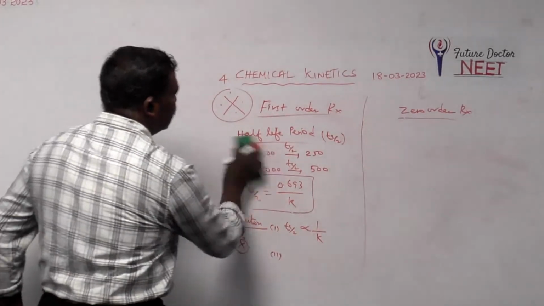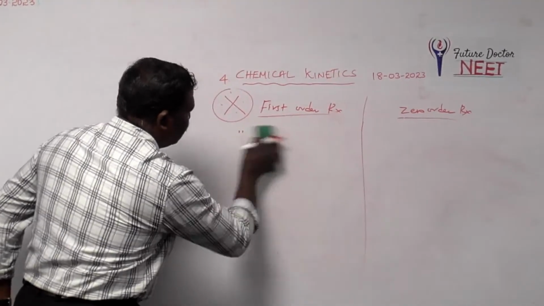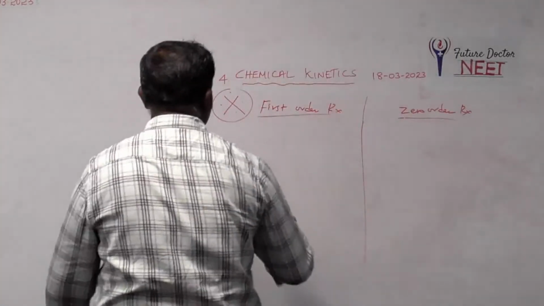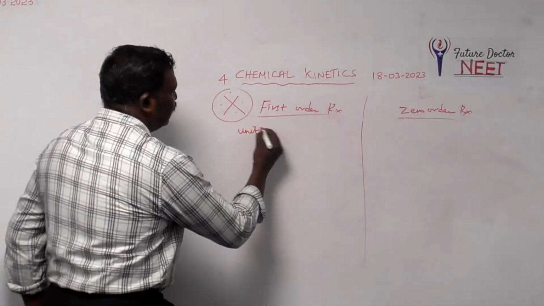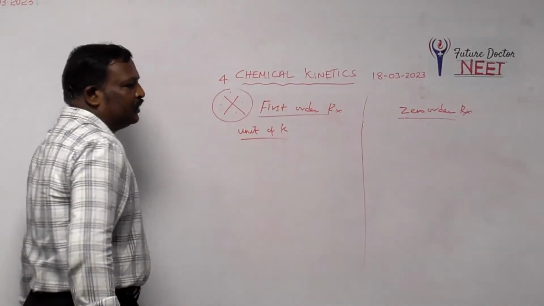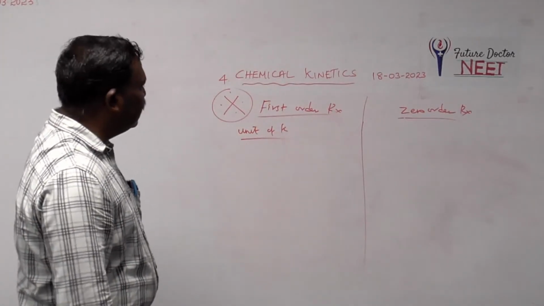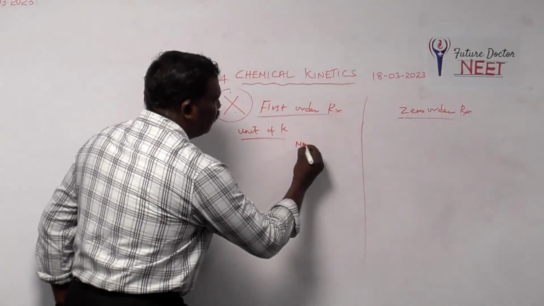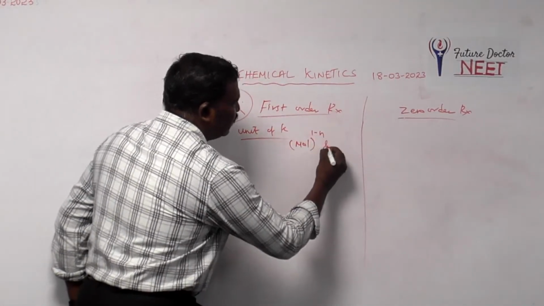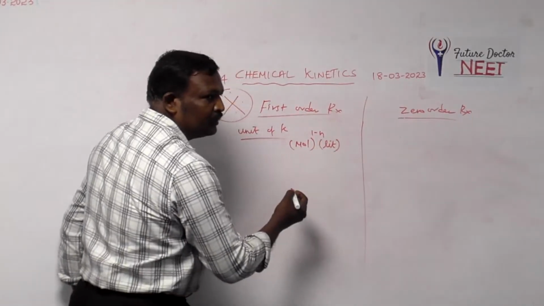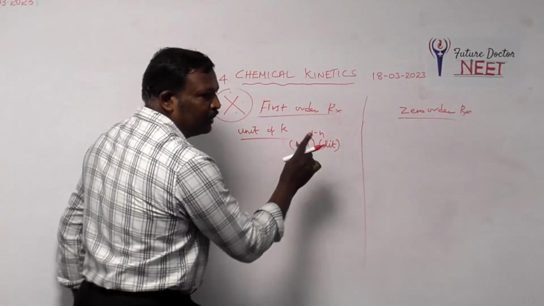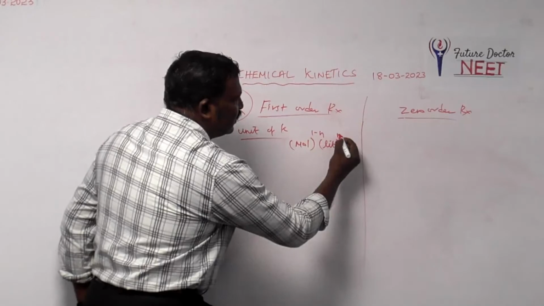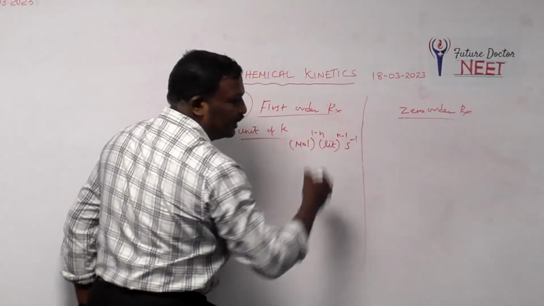Alright. Then next one is unit of K. Third one, unit of K, very important. If you want to find out unit of K, here we have one general formula: mole to the power 1 minus n, liter to the power n minus 1, per second.